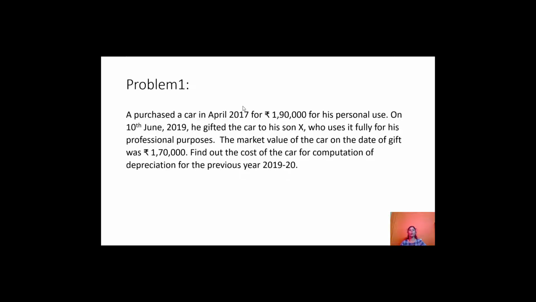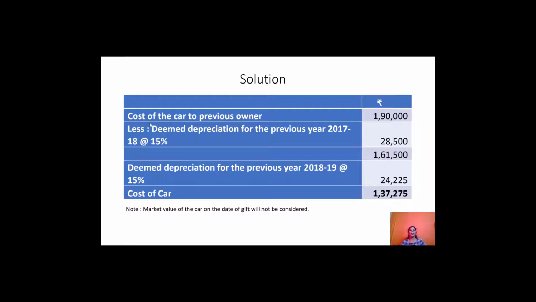Now the car was purchased on 1st April 2017. So let us calculate the depreciation. Cost of the car, this is the initial cost, 1,90,000, less deemed depreciation for the previous year 2017-18, and the percentage is 15% on 1,90,000. It comes to 28,500.